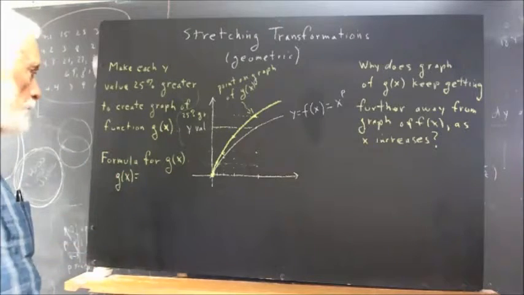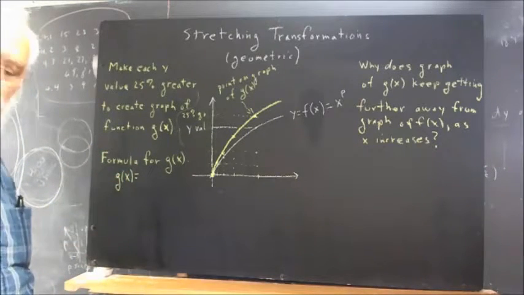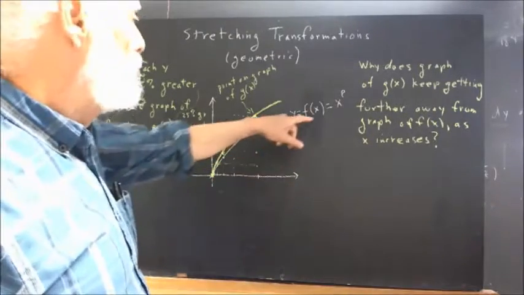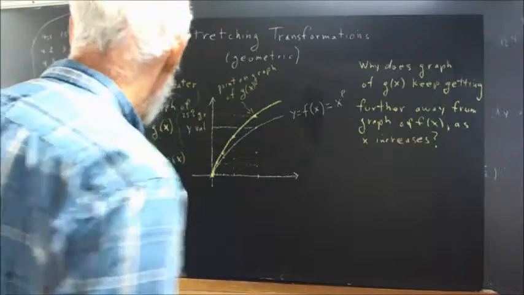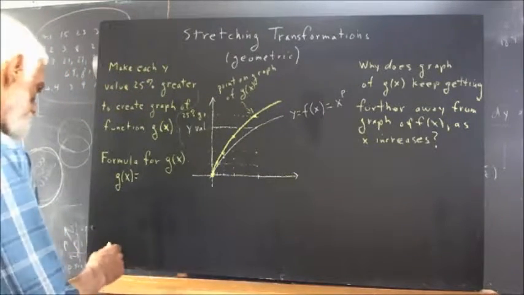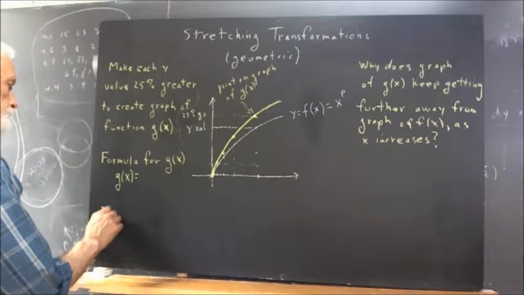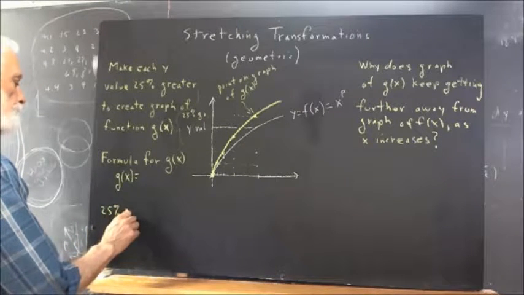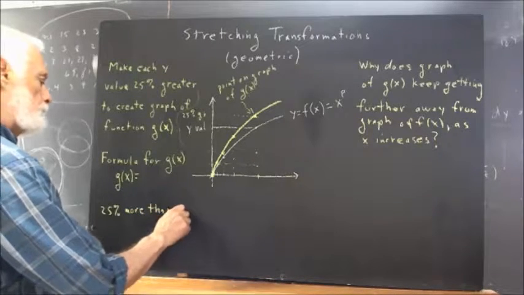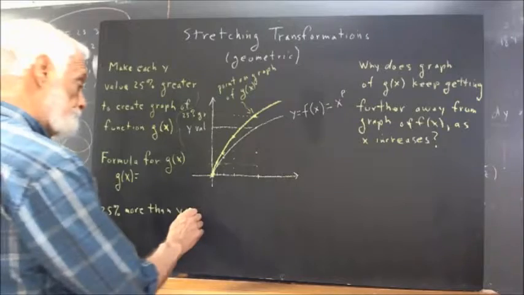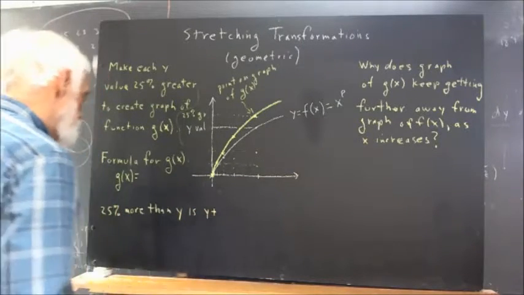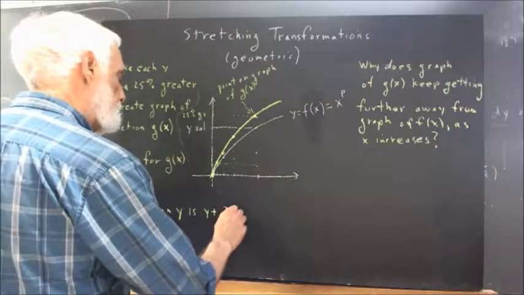Okay, then what's the formula for g of x? G of x equals what? Okay, well, f of x equals x to the p. So I'm going to reason this out as follows. 25% more than y is y plus 0.25y, isn't it?